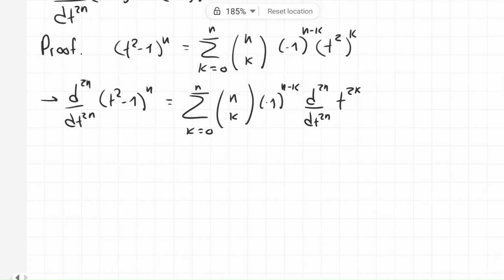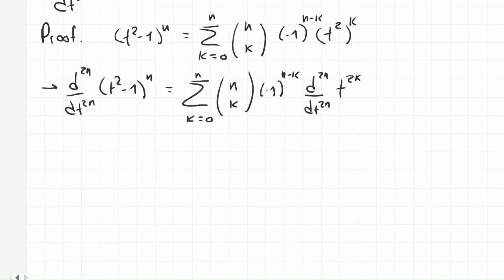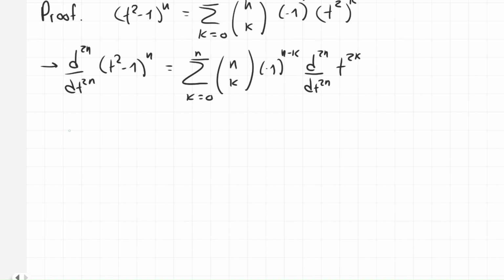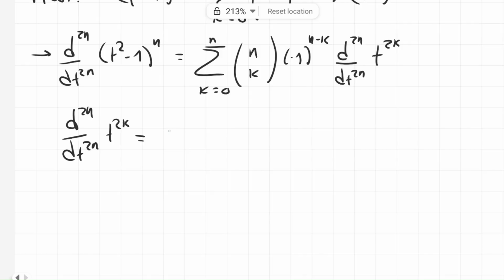Okay, perfect. So what is going to happen here? We can see that if we take the 2n-th derivative with respect to t of this, what happens if n is equal to k? Well, for the first element, it will be 2k, and then 2k minus 1, then 2k minus 2, all the way up to 1, right?